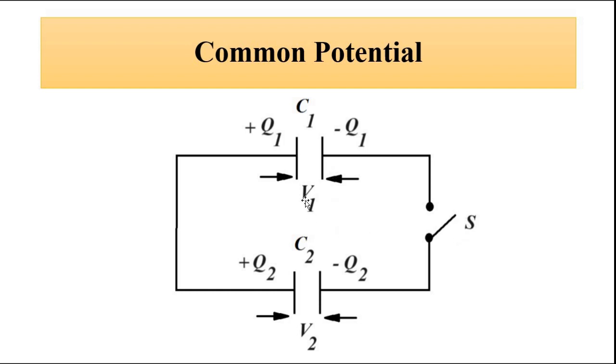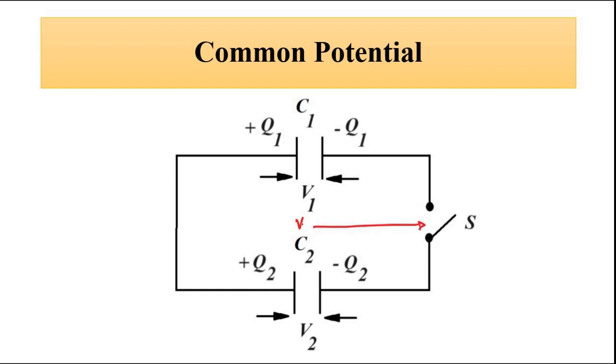They have different potential values across the capacitors: for C1 it is V1, for C2 it is V2. Now, suppose the switch is closed, what will happen? There will be movement of charge from one capacitor to the other till the potential difference across both of them is the same, a common value.